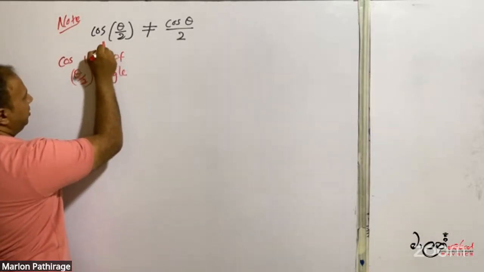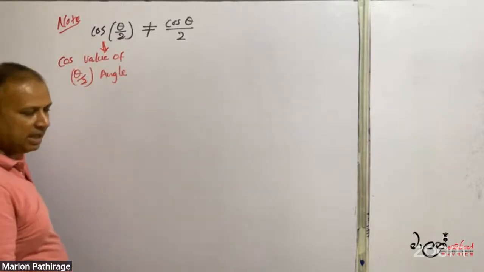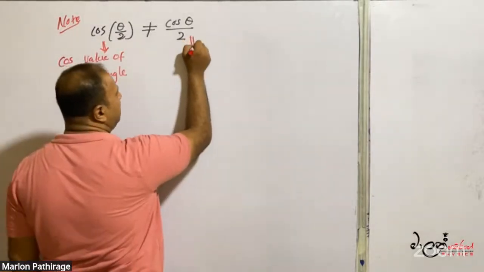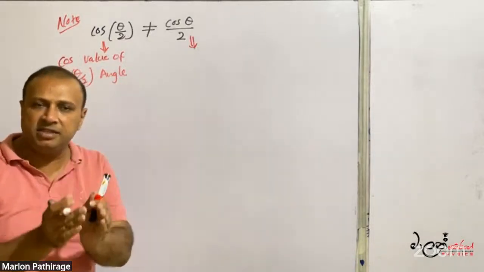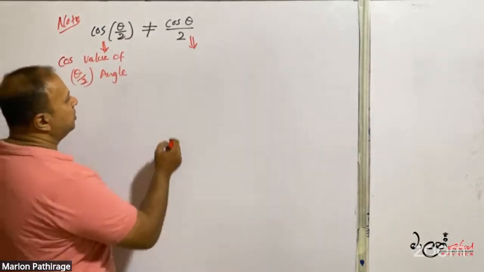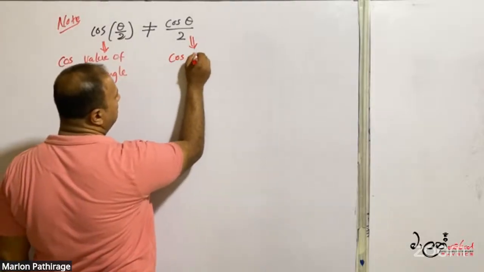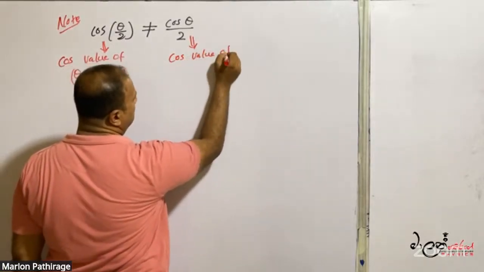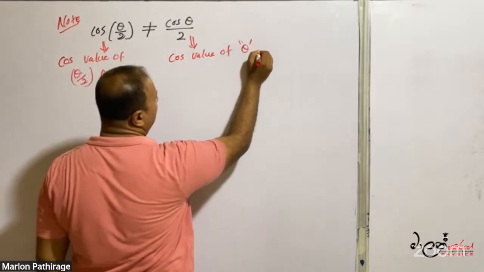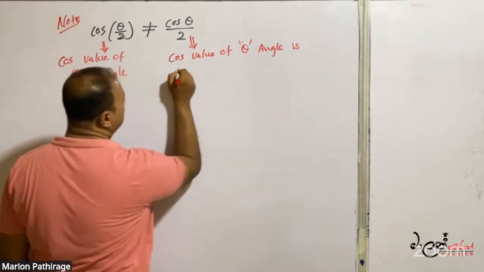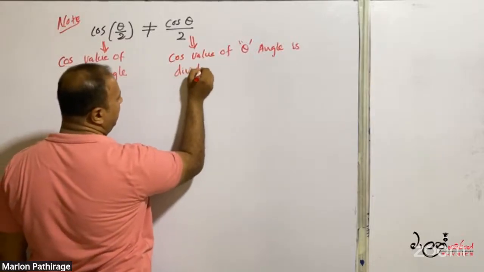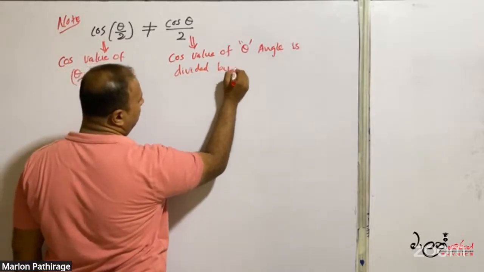And the meaning of this is cos value of theta angle is divided by 2.